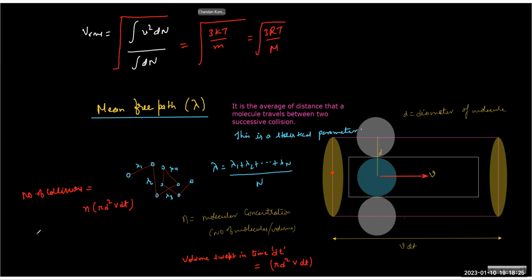So what is the number of collisions per unit time? Divided by dt. So the number of collisions per unit time is n pi d square V, right? This is called the collision frequency, how many collisions per unit time you make.